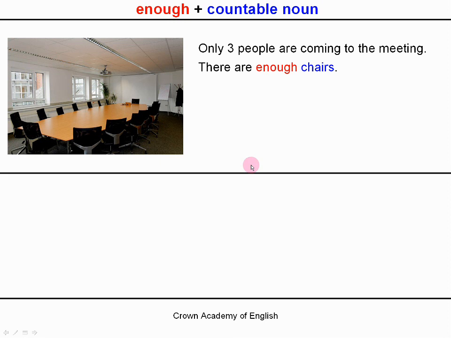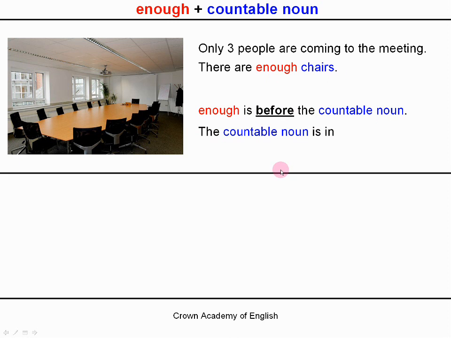There are enough chairs. Okay, so there are enough chairs for everybody. So the form is enough and it is before the countable noun. And of course, the countable noun is in the plural form. Chairs with an S.